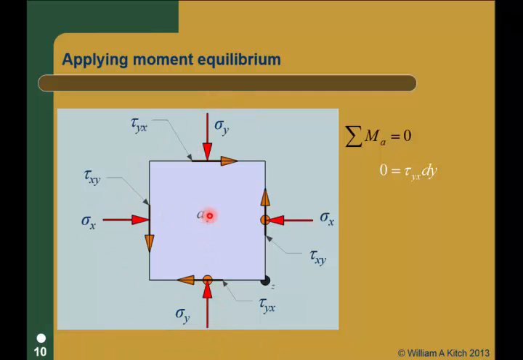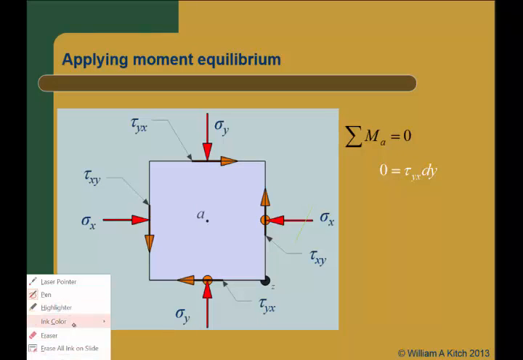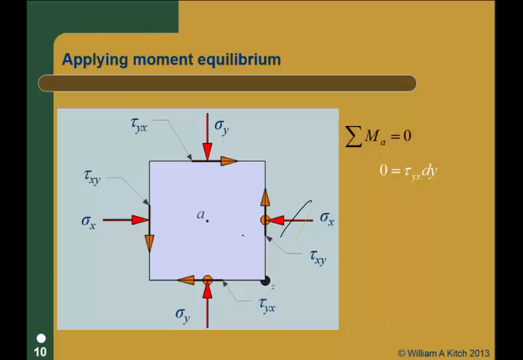Because they all act through A, so they're gone right away. Let me change my color here. Right away we can get rid of all the normal stresses because they're not going to have any moment. So the only components that are going to have any moment about A are the shear stresses, right?